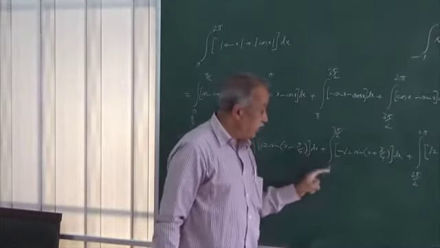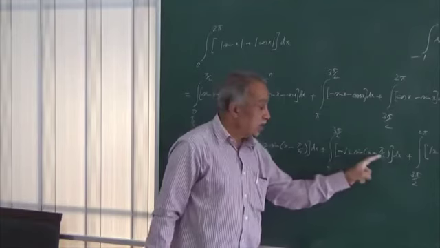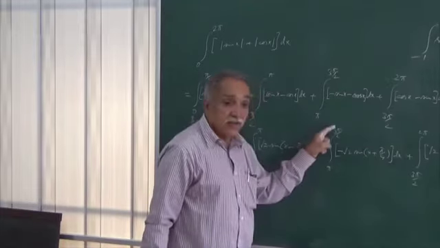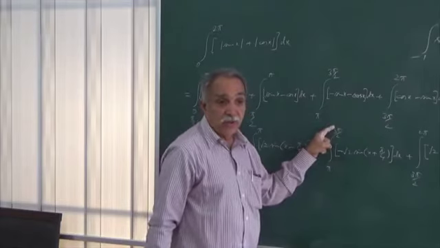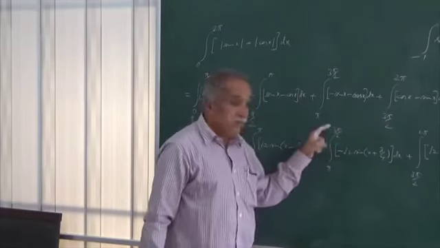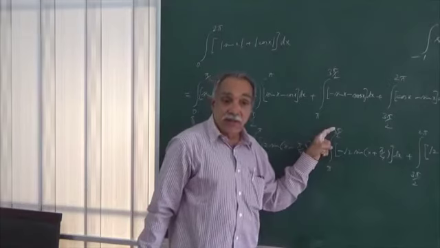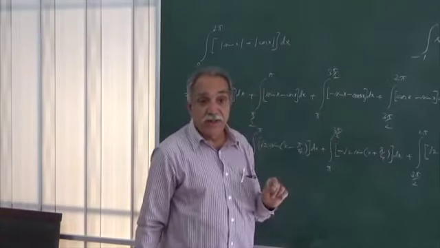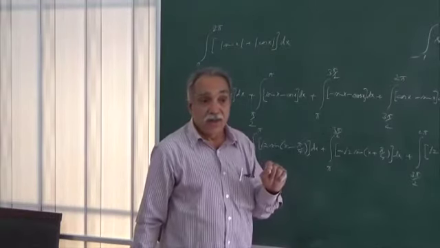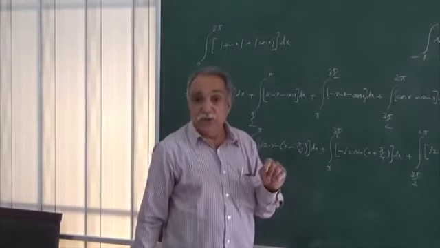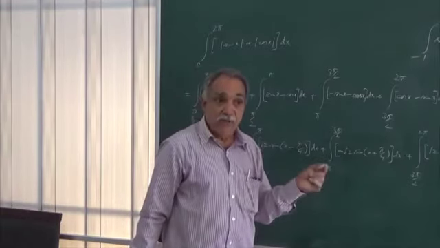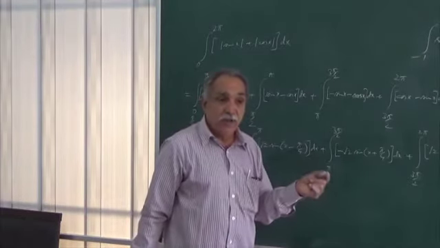X is between pi and 3 pi by 2. X plus pi by 4 will be between 5 pi by 4 and 7 pi by 4. For numbers between 5 pi by 4 and 7 pi by 4, sin theta will be between minus 1 by root 2 and minus 1. At 5 pi by 4, the value is minus 1 by root 2.